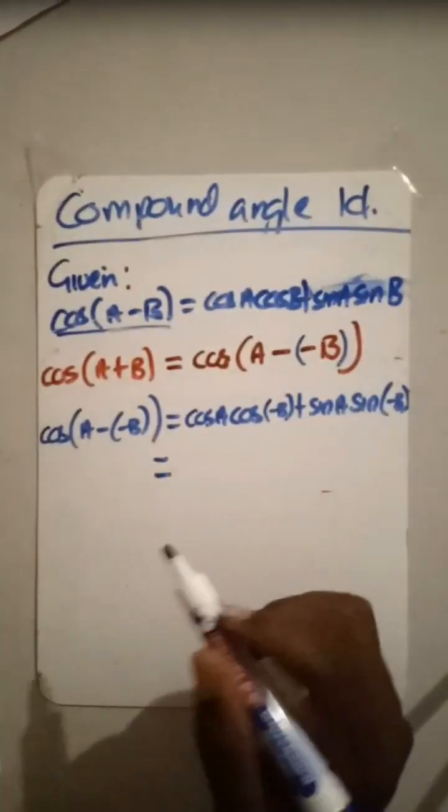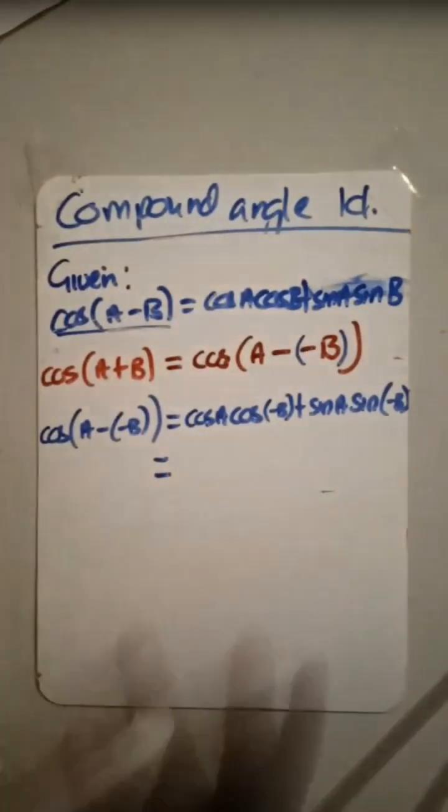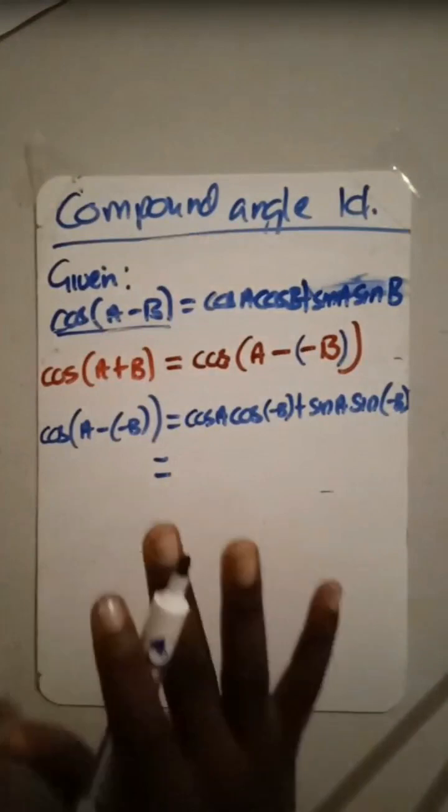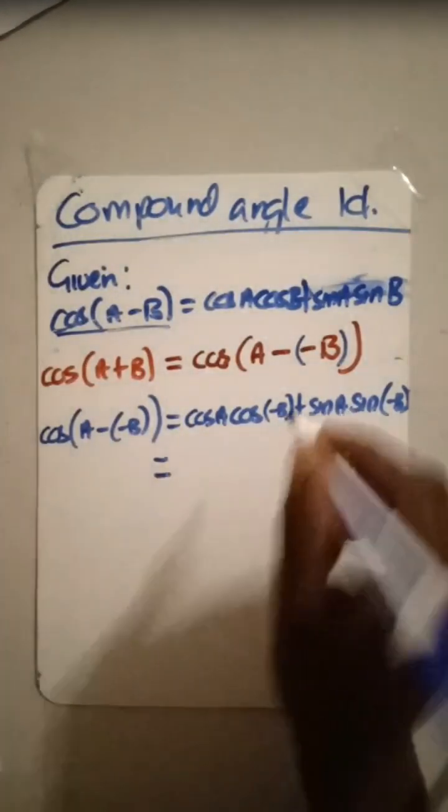I hope you have learned that if you are dealing with negative angles, we don't know which quadrant a negative angle is in. So we have to reverse it so that it becomes positive. By reversing, what do we do?